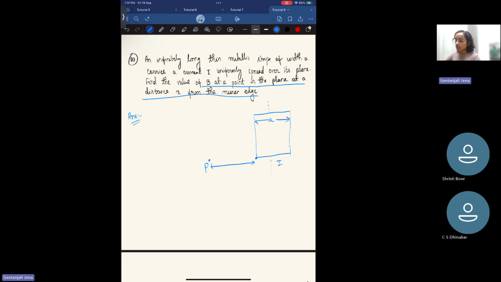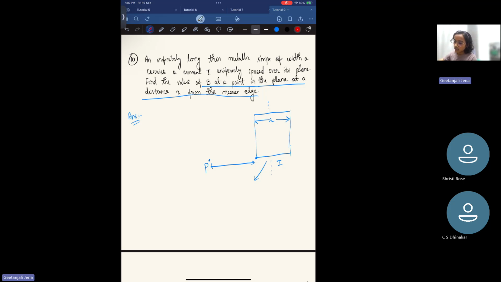So if you imagine that this is made up of an infinite number of long wires, and you find the magnetic field for one of these wires and take the integration, then you will get the magnetic field for this whole stripe. So let us do it.